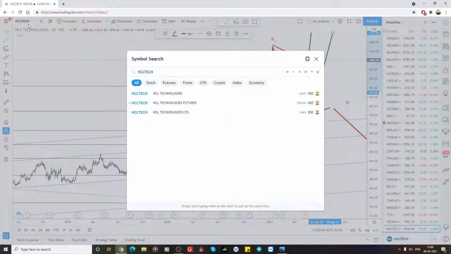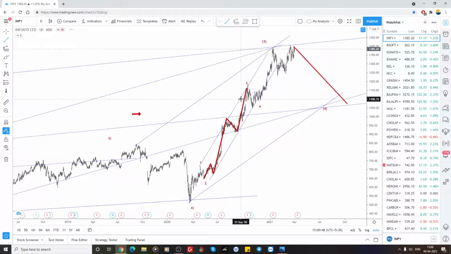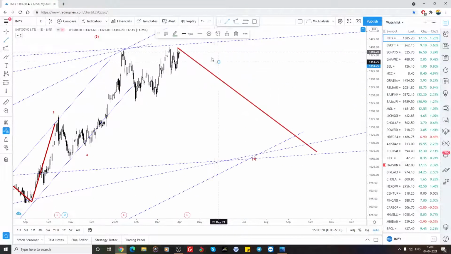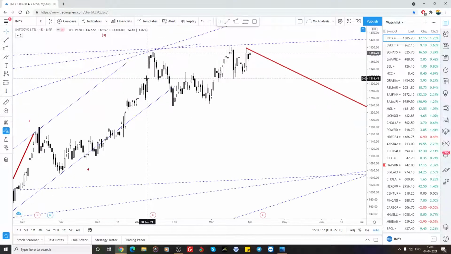Elliott waves. So Infosys is also the same, we are in the bigger fourth, and here it has not yet broken the high. So still I'm expecting that triangle pattern.